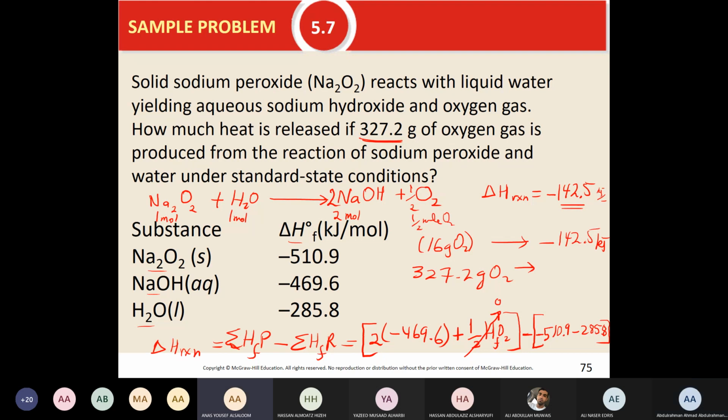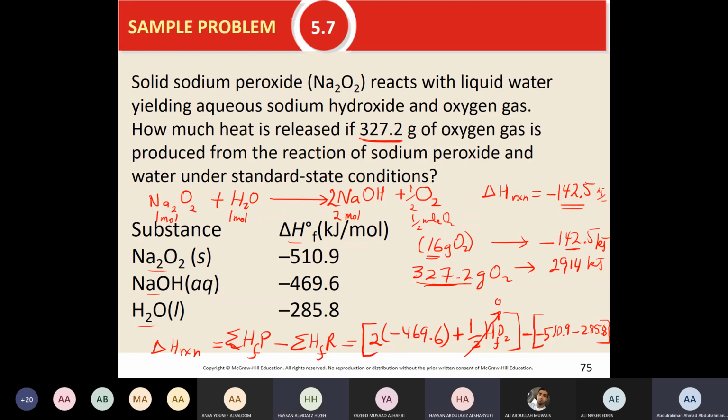No, 16 is giving you this. For 327.2, minus 2.9 times 10 to the power 3, 2914. According to my calculation, it's actually 2914. I'm not sure if I'm right or not, but it's actually 2914.